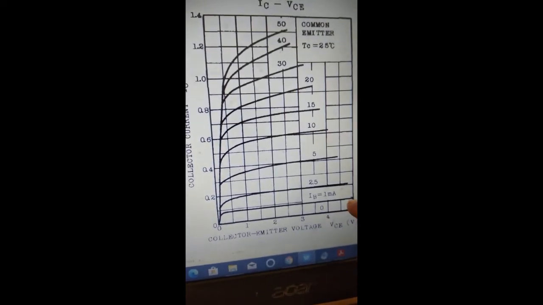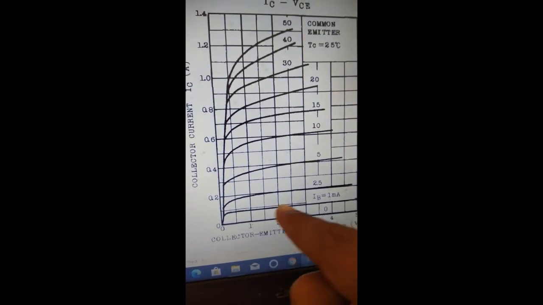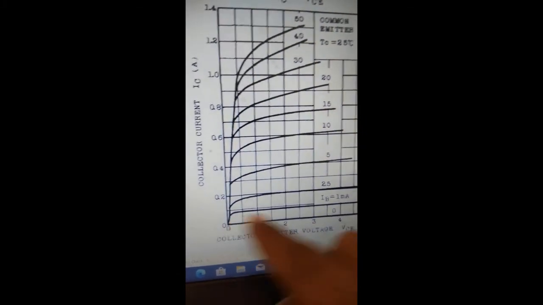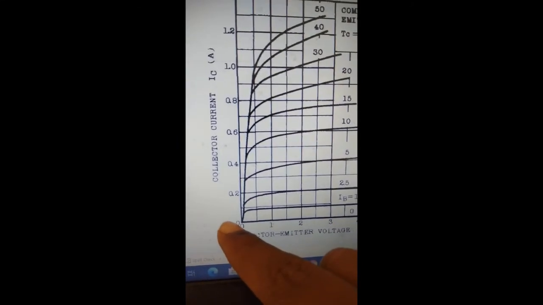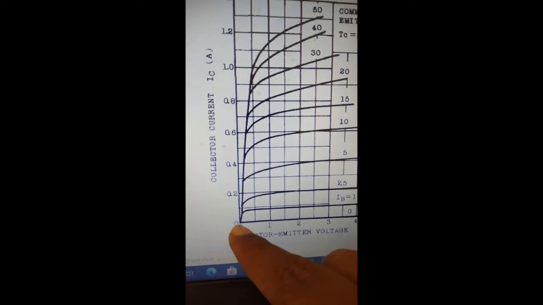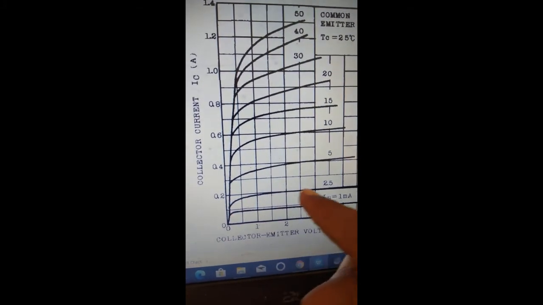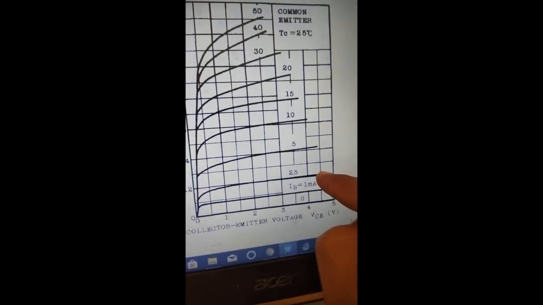This straight line, it indicates a constant value of IC. Similarly, when base current is 2.5 milliampere, then the value of this IC, it will increase, and after some time it will be a constant value.